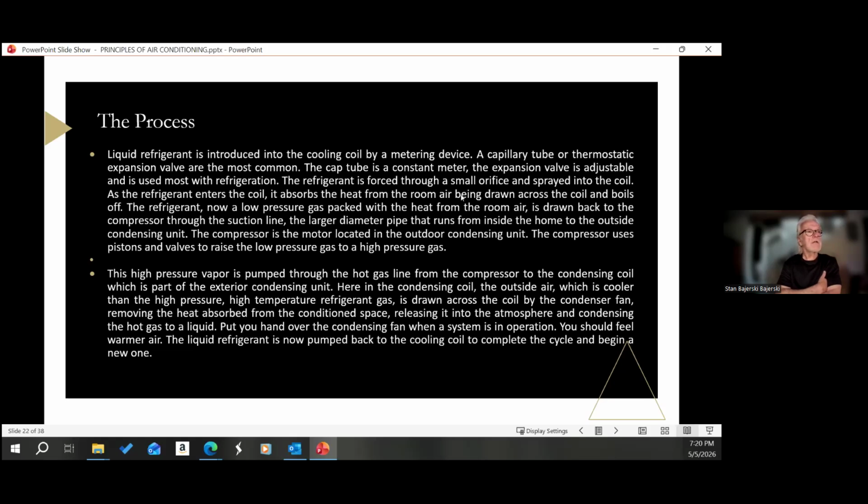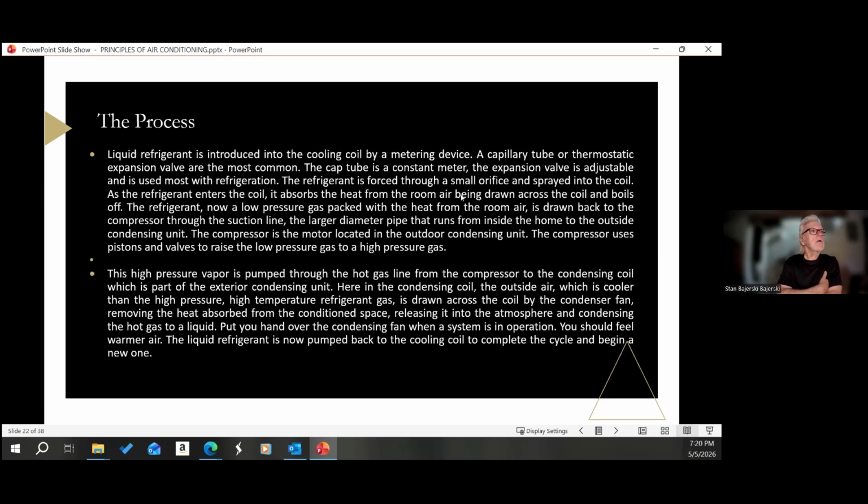It's a constant meter. The expansion valve is adjustable and is used mostly with refrigeration. The refrigerant is forced through a small orifice and sprayed into the coil. As the refrigerant enters the coil, it absorbs the heat from the room as the air is drawn across the coil, and boils off.